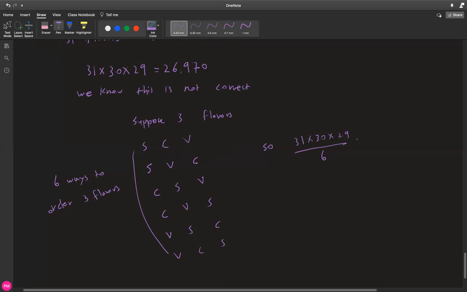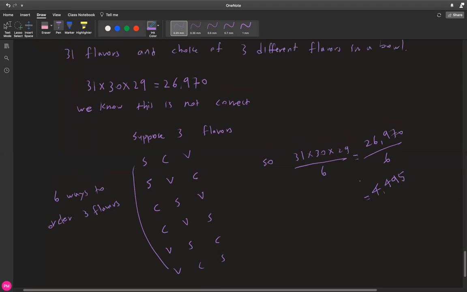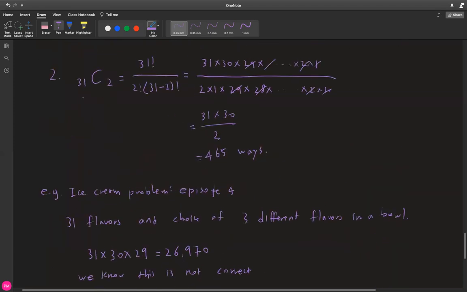And if you put this into the calculator, the top we have calculated above is 26,970, divided by 6, and that's actually going to be 4,495 ways. And you should simply be able to get this number by plugging it into this combination formula.